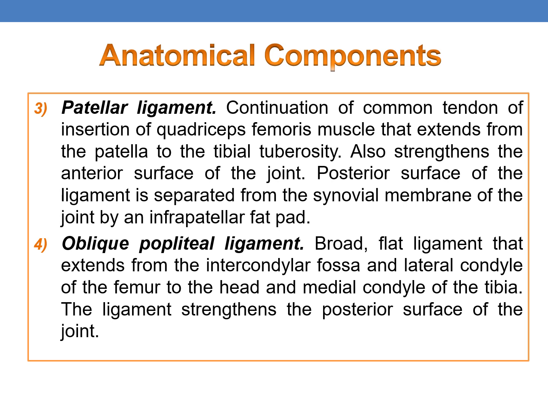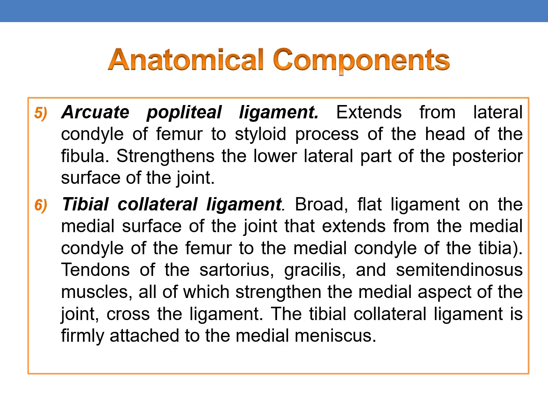The patellar ligament strengthens the anterior surface of the joint, whereas the oblique popliteal ligament strengthens the posterior surface. The next is the arcuate popliteal ligament. It extends from the lateral condyle of the femur to the styloid process of the head of the fibula. It strengthens the lower lateral part of the posterior surface of the joint.